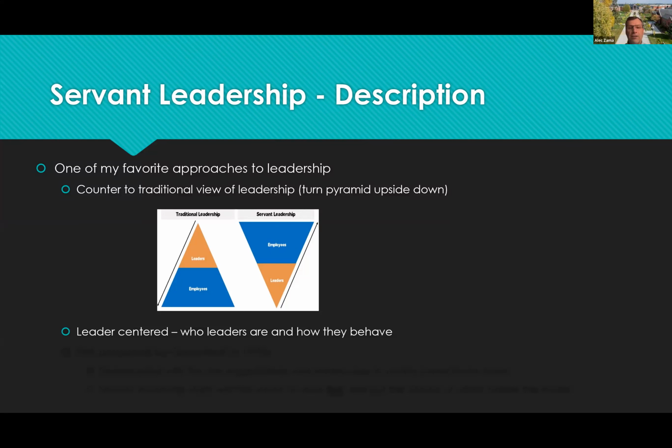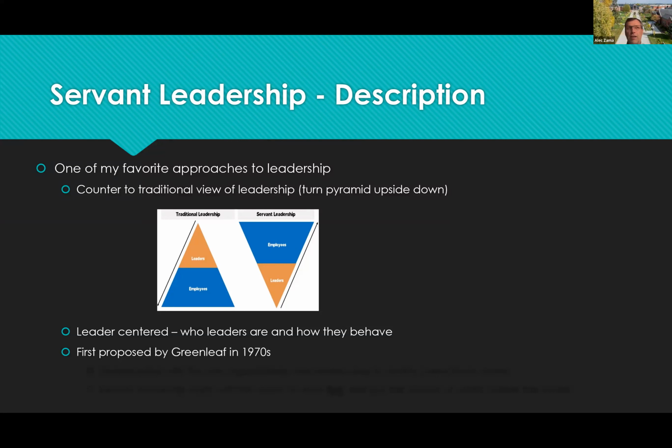It's a leader-centered approach. It focuses on who leaders are and how they behave. It was first proposed by Robert Greenleaf in the 1970s. After a 40-year career in corporate America, he started to reflect on his experiences and felt that leaders and organizations were not doing enough to help followers grow and succeed, and maybe create better organizations and better communities.